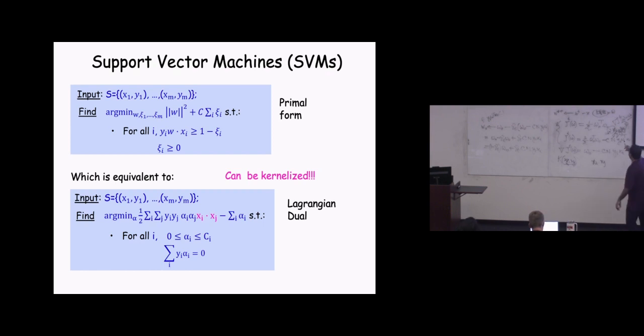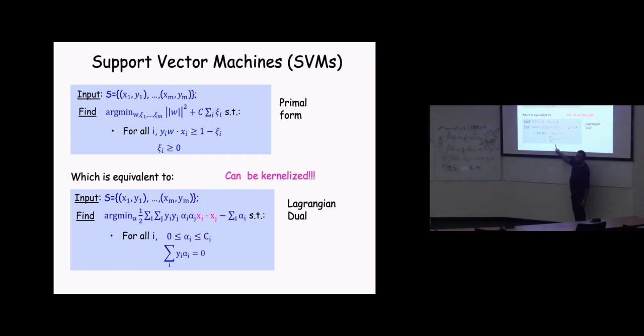And just by following this definition of w, which is a summation over alpha i xi, you come to this alternative Lagrangian dual formulation. Just replacing w with alpha i xi. Now you have dot product between two different points, and slightly different constraints.